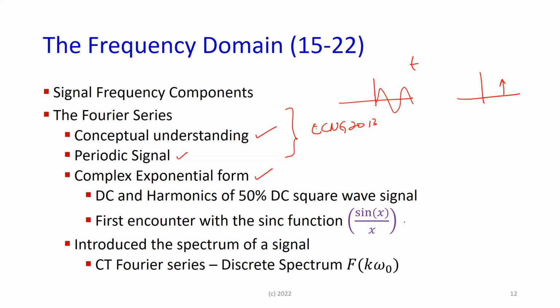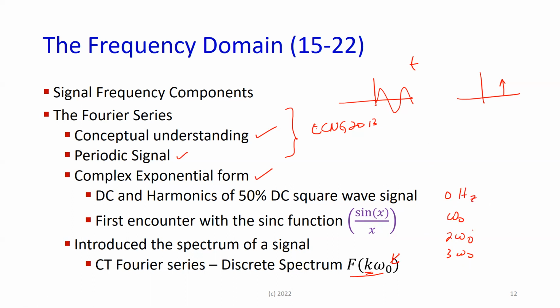All right. And one important thing that we saw is that the continuous time Fourier series gives a discrete spectrum. In other words, the spectrum is a function of k omega naught, where omega naught is the fundamental frequency. So it will tell us what is at omega naught, what is at 2 omega naught, what is at 3 omega naught, and of course, what is at DC, which is 0 hertz.